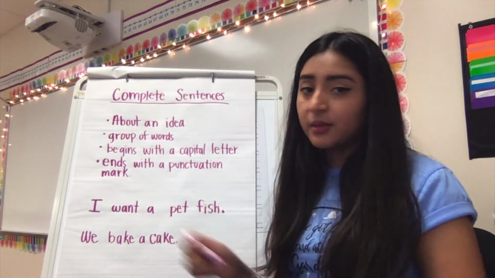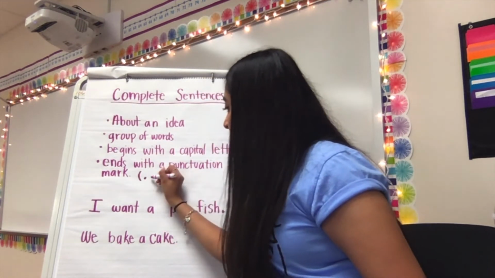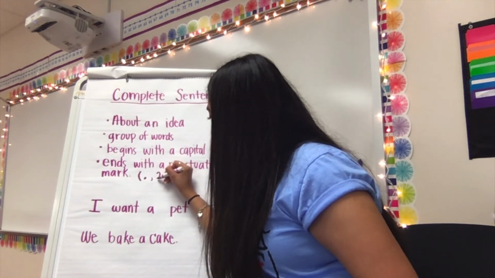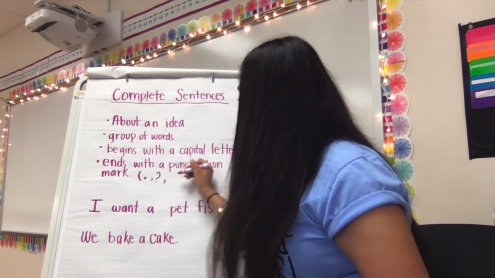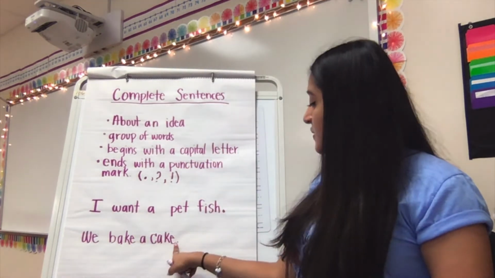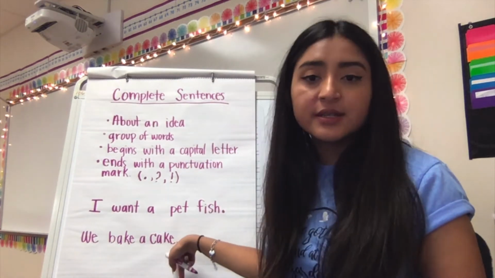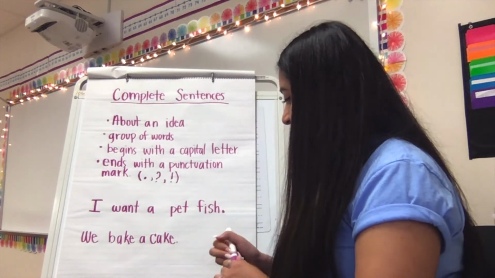A punctuation mark can be a period, a question mark, or an exclamation mark. So if we look at our sentence, we see that we have a period. So it does have an end mark. It has a punctuation mark.